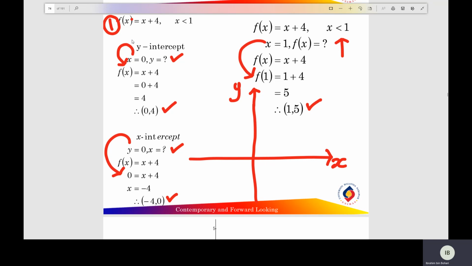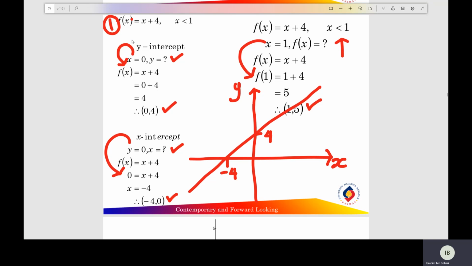So here is -4. So you sketch the straight line here. The x-intercept is at (-4, 0) and the y-intercept here is at (0, 4).